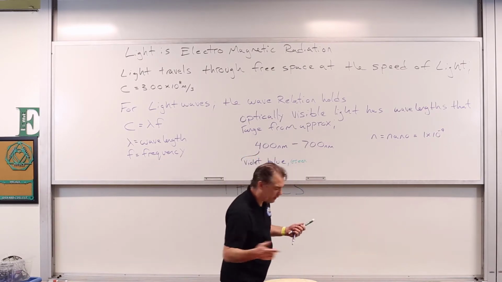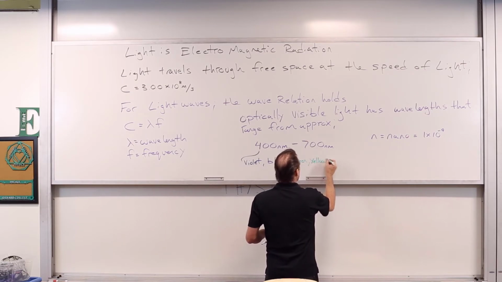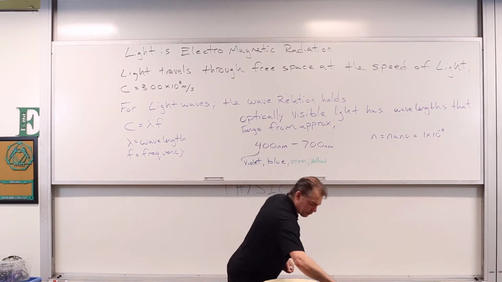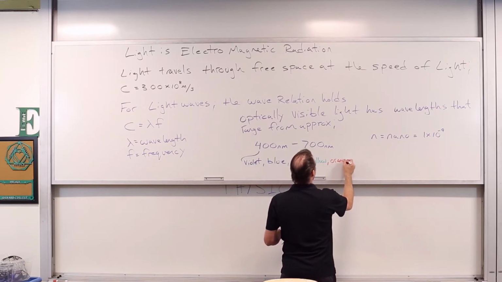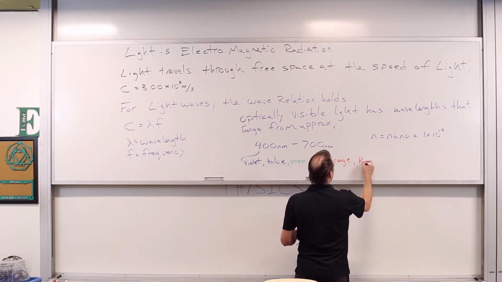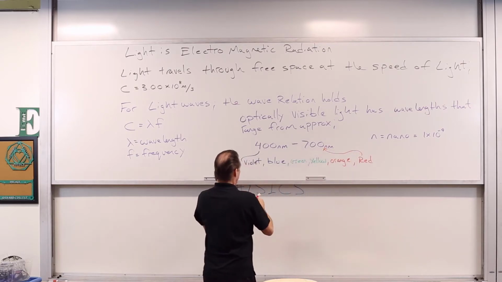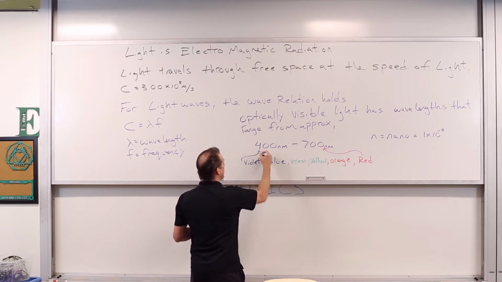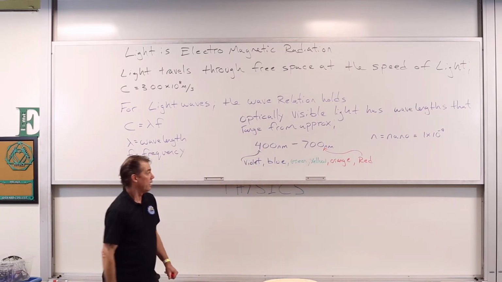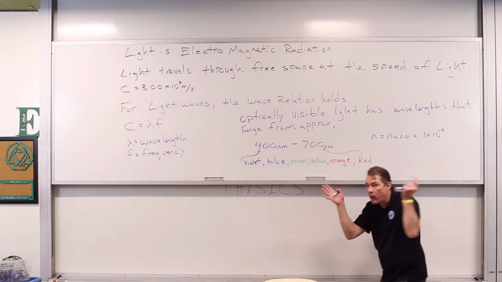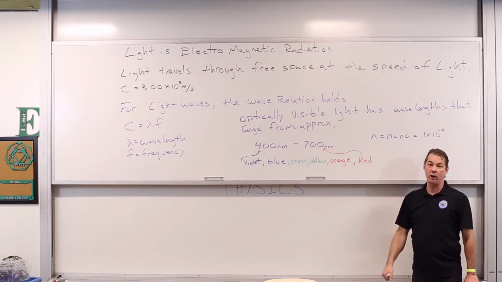We got some yellow. I don't have a yellow pen, so I'll just put in the yellow here. And then we've got orange, and then red. So the red end is the 700 nanometer end, and the violet end is the 400 nanometer end. All of the colors of the rainbow are within that band, 400 to 700 nanometers.